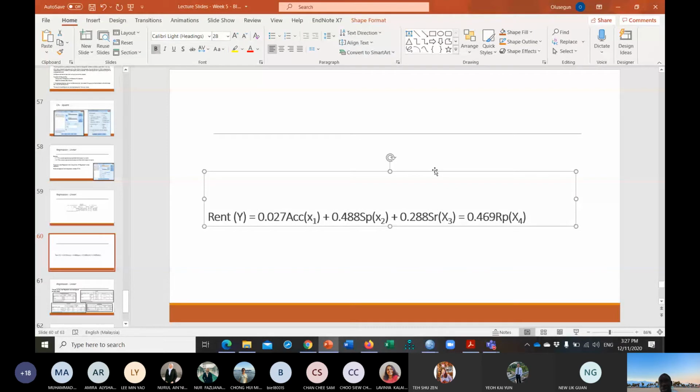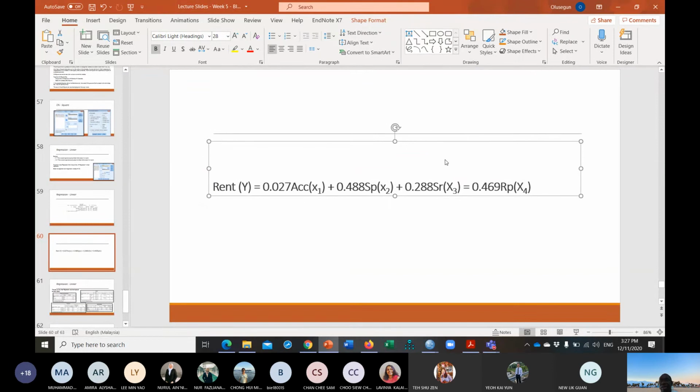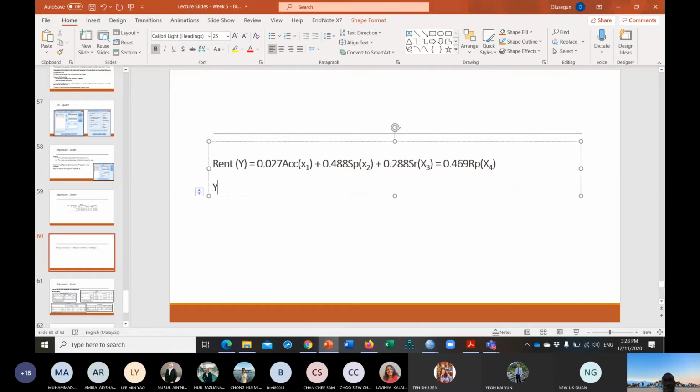So this will be our regression line taken from the equation y equals bx1, x2, x3, bxn, or bxi, where i equals 1 to n.